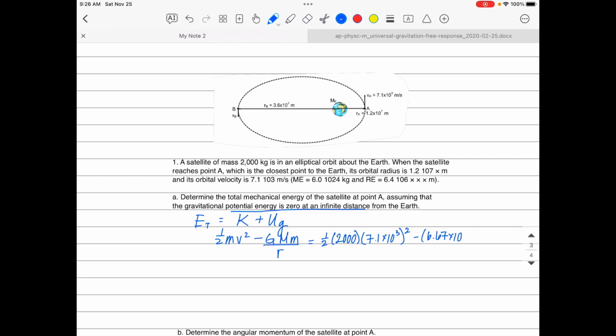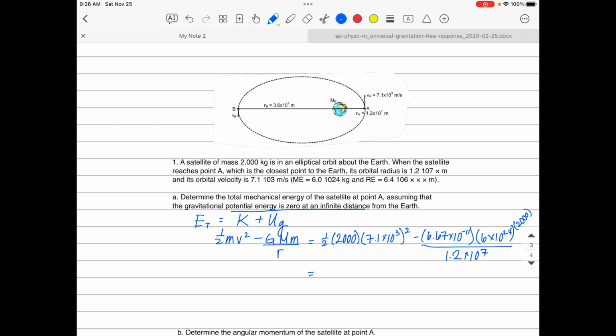minus 6.67 times 10 to the negative 11 times mass of the Earth, which is 6 times 10 to the 24. And then I'm going to squeeze in the mass of the satellite here, 2,000, all over the radius, which is 1.2 times 10 to the 7th. And I'll go ahead and let you do all that calculation.